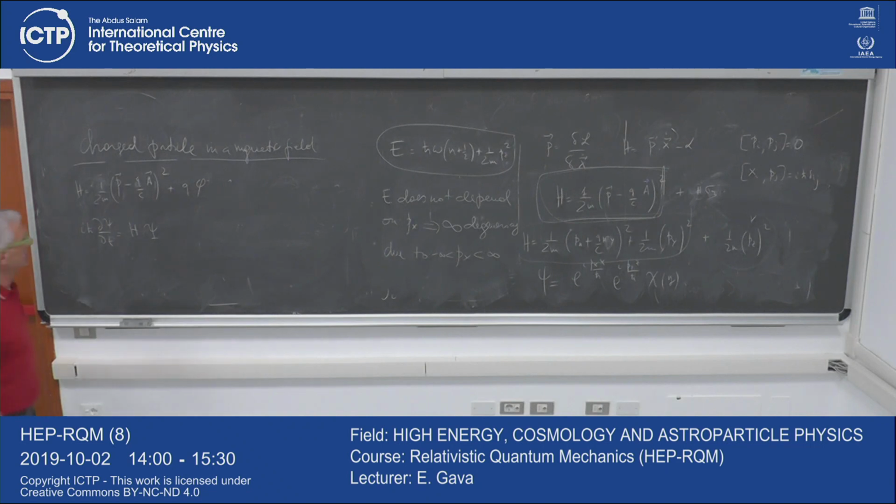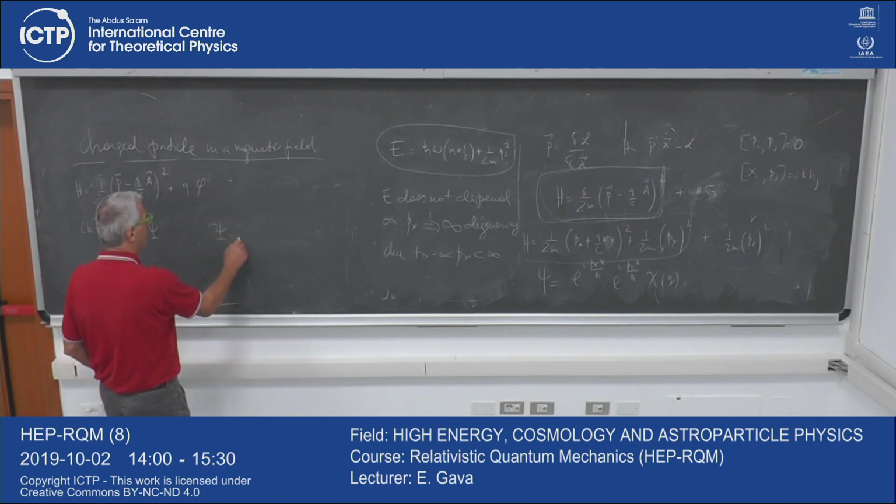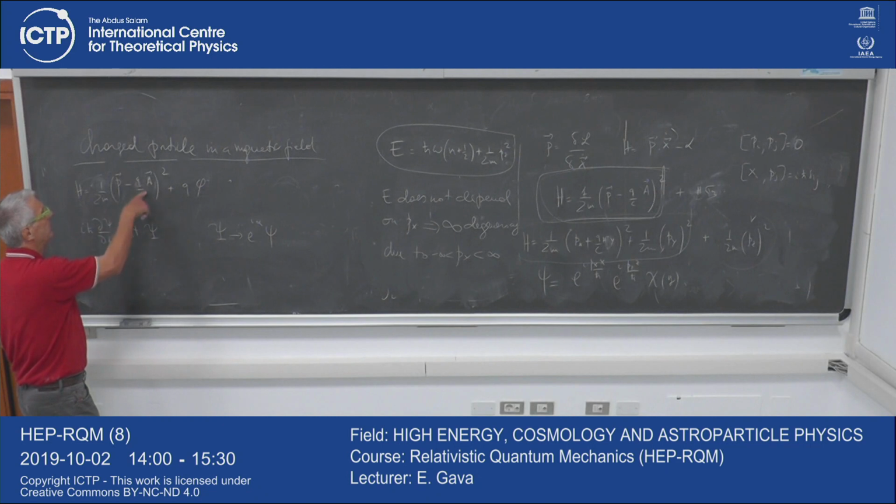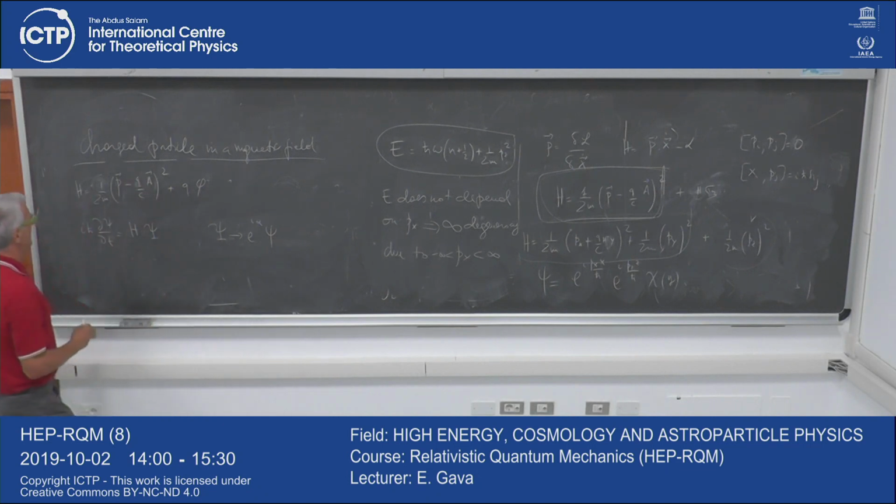Now remember that we said all the time that an overall constant phase on the wave function does not do anything. But once you introduce these couplings, in which the momentum is sent to the momentum minus something, in some sense you can also interpret this as a modification of i h bar d dt.